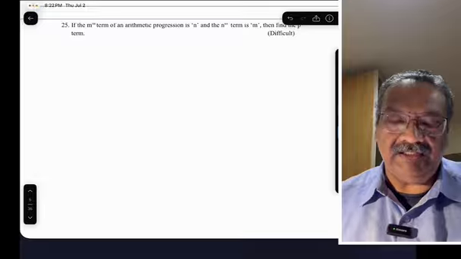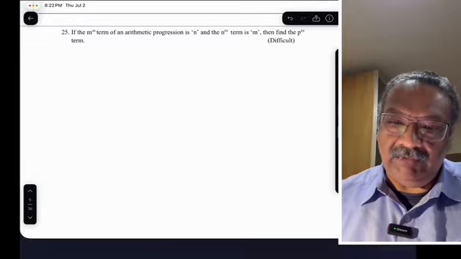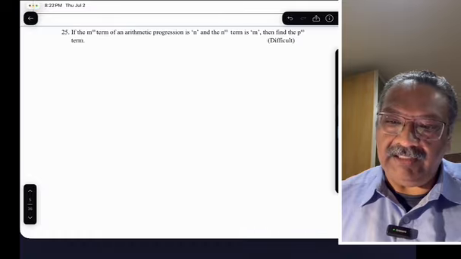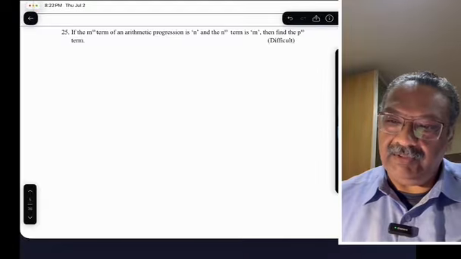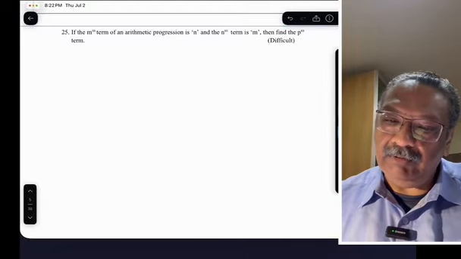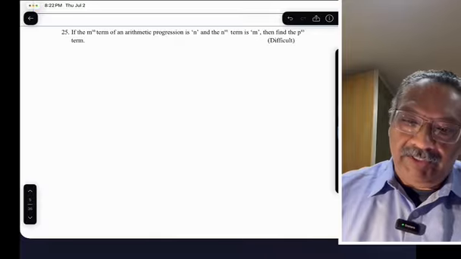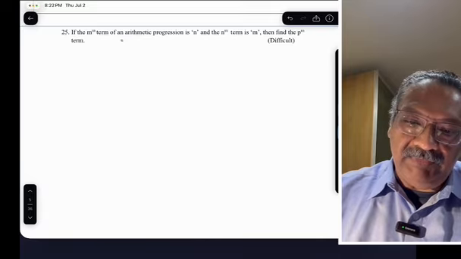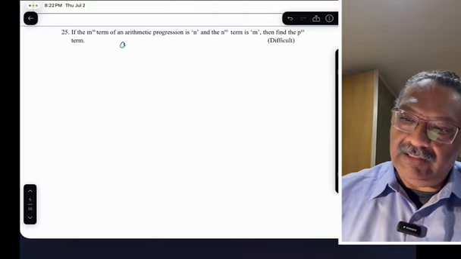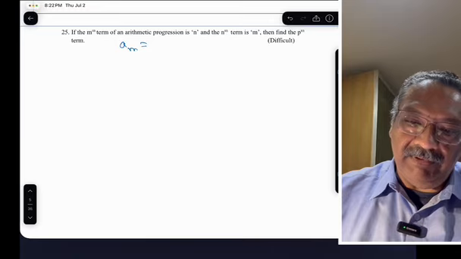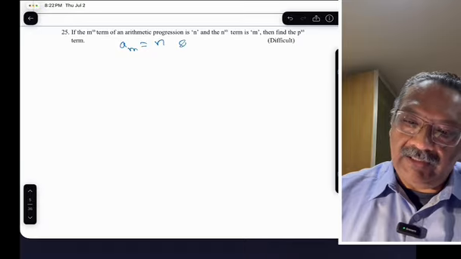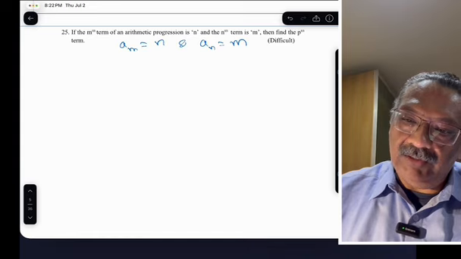25th question, what does it say? If the mth term of an arithmetic progression is n and the nth term is m, then find the pth term. So the mth term a_m is equal to n, and the nth term a_n is equal to m.